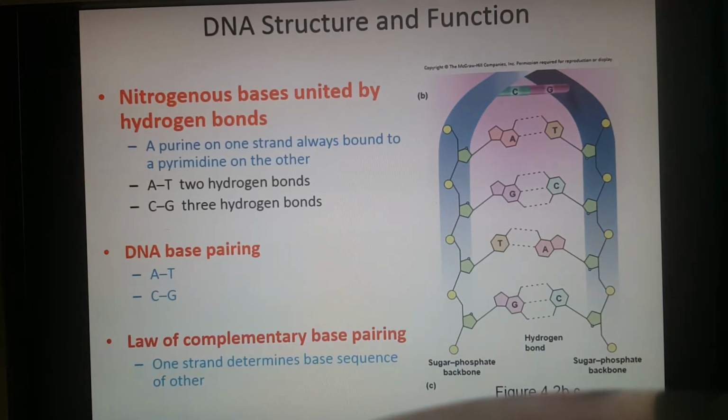So in order to unite the nitrogenous bases, they do so through hydrogen bonds, so it's a weak bond that's easily broken. So when you need to open up DNA, you can easily open up your DNA, read your genetic code to make your RNA copy of your gene. So on your strands, a purine is, on one strand, always bound to a pyrimidine on the other side.